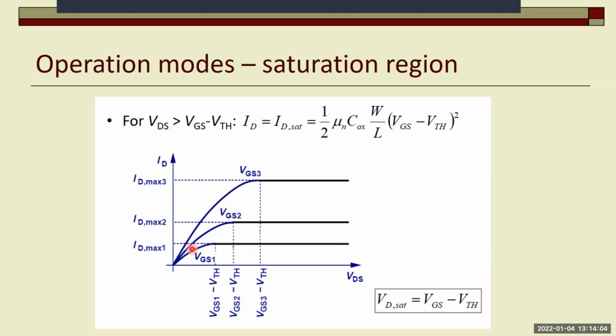So the output characteristic has a family of curves, and these are parallel ideally, and that means there is no Early effect. And if there's any Early effect, these have a slight slope, but they're still a family of output currents or drain currents as a function of the applied VGS.